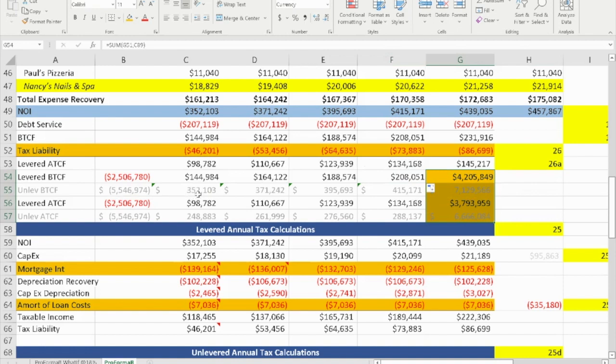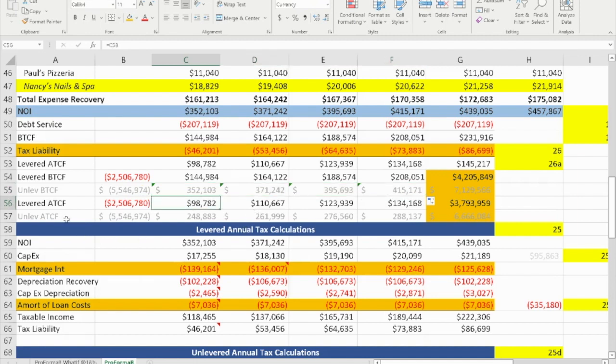So for year 1, for unlevered before tax cash flow, that's simply referencing the NOI, because there's no loan, so there's no debt that needs to be deducted from the NOI. You're going to simply put it equal to the NOI row or cell, and then you're going to drag it across and stop at year 4.